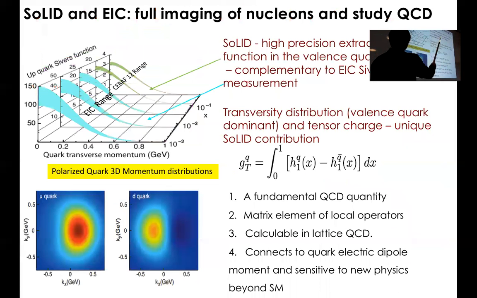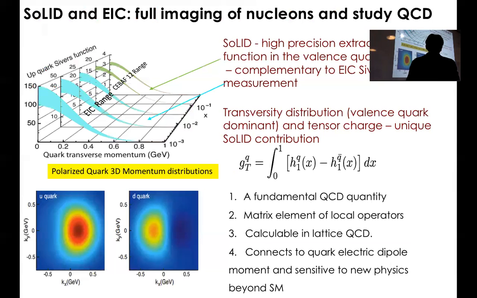Of course, combined with EIC, we can do the full mapping of these functions. JLab will do a very good job in the valence region, and then EIC will cover the low x region, which can help do 3D imaging in 3D momentum space.